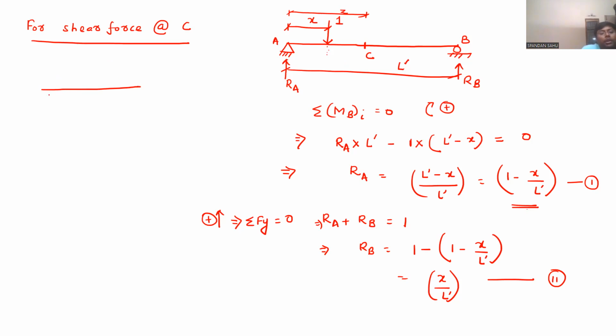Now, for shear force at C, I am cutting the beam at C and drawing the free body diagram for the left. So this is 1 minus x by L prime. This length is Z. Our unit load 1 is at x.